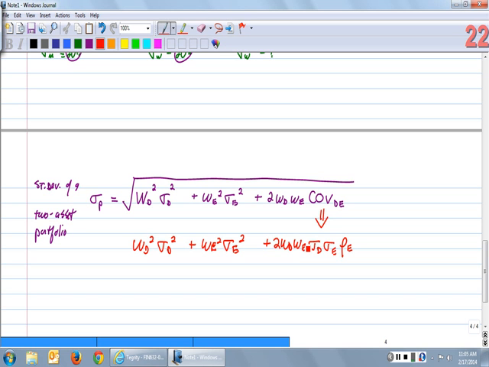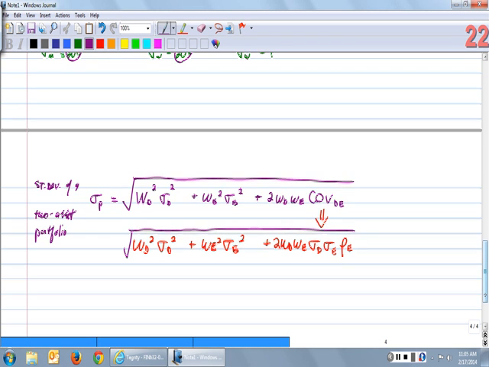All I did was substitute in sigma D, sigma E, correlation for the covariance term. And this is my standard deviation of a two-asset portfolio.